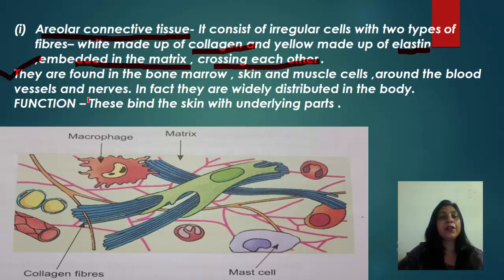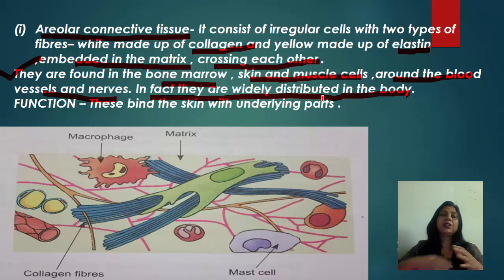Now, where is this areolar connective tissue found? It is found in the bone marrow, skin and muscle cells, around the blood vessels and nerves. In fact, it is widely distributed in the body as it is a connective tissue. So almost it is present in all parts of the body.